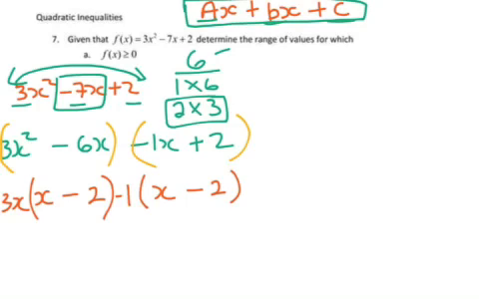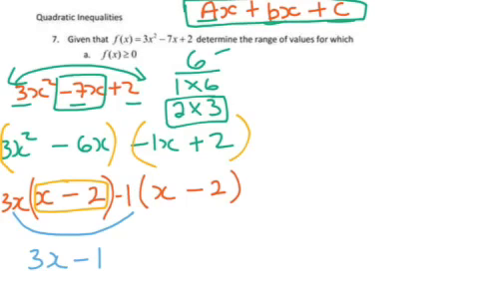Alright, good. So now we are going to take these two on the outside to get one solution. So that would be 3x minus 1. And we're going to take these on the inside to get another solution.